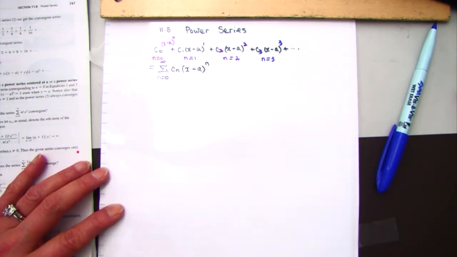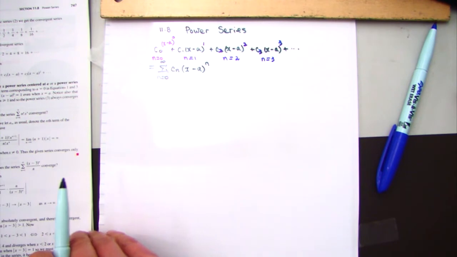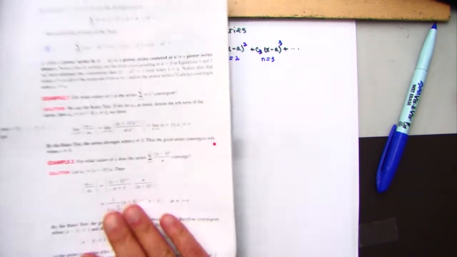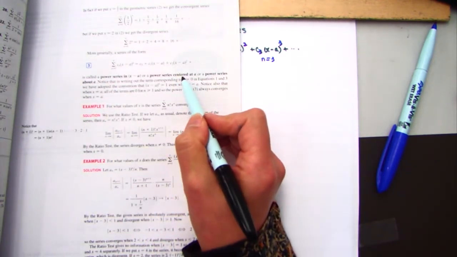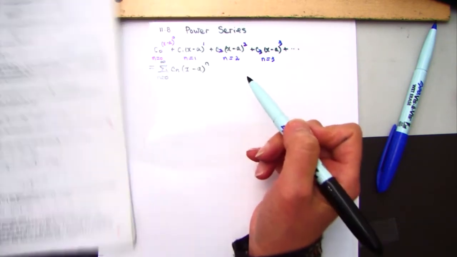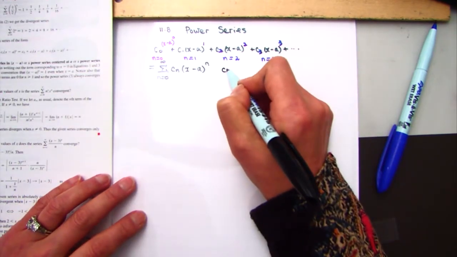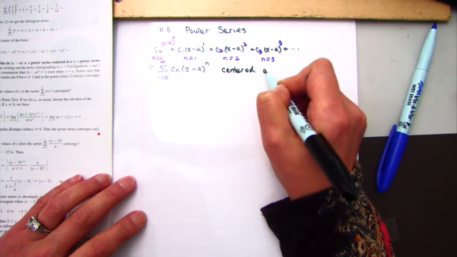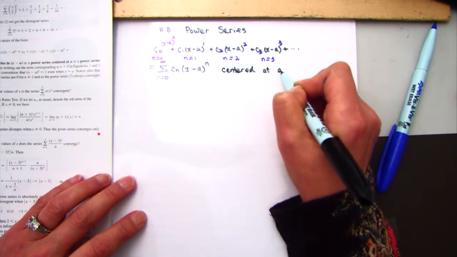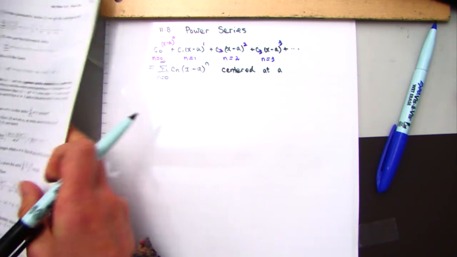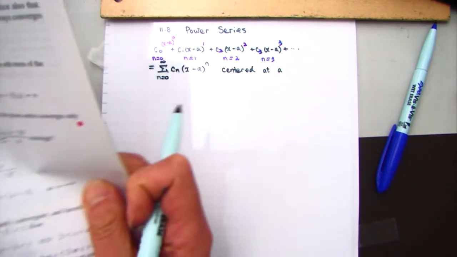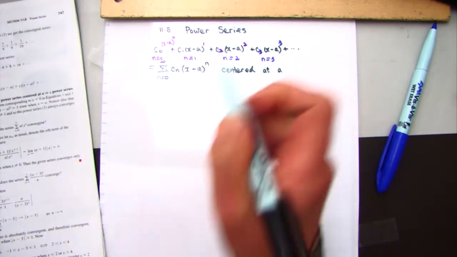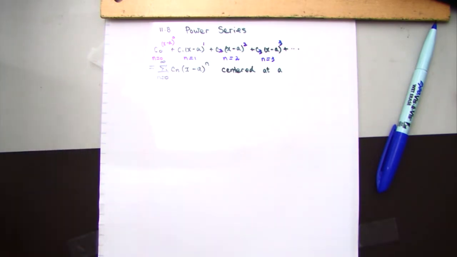Okay, so here is a power series. Now take a look at the book, centered at a. And then there's also a simpler case when the center is at 0. So take a quick look, and I'm not going to write it down.